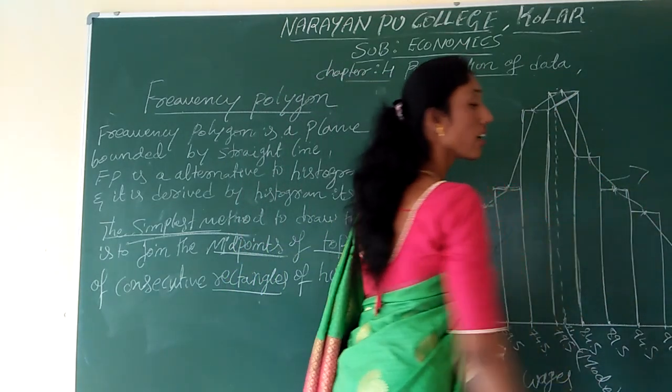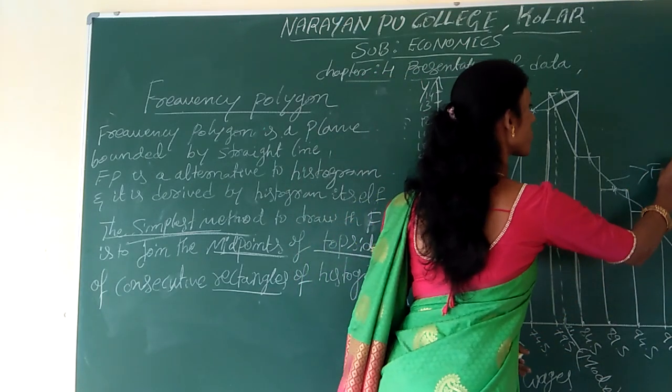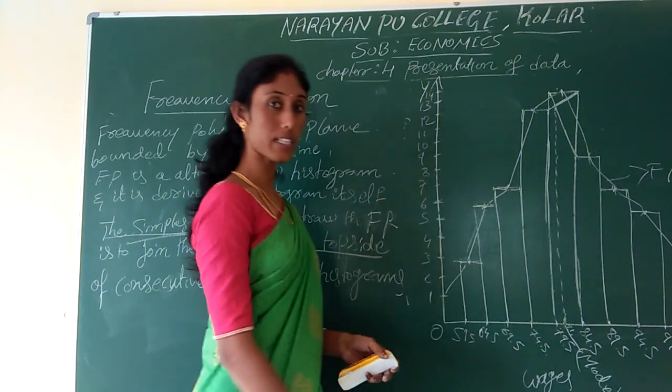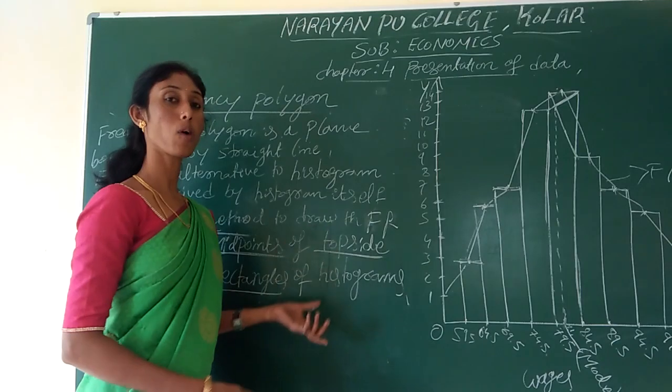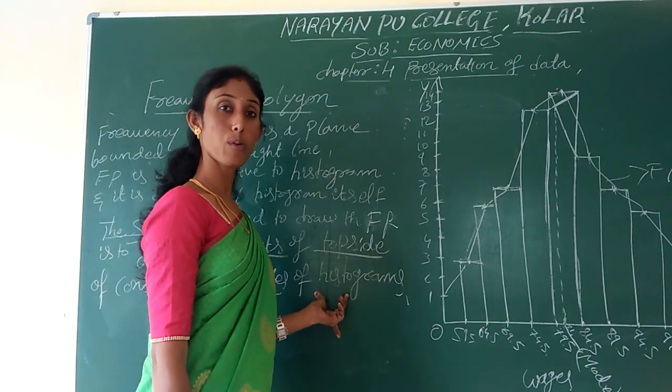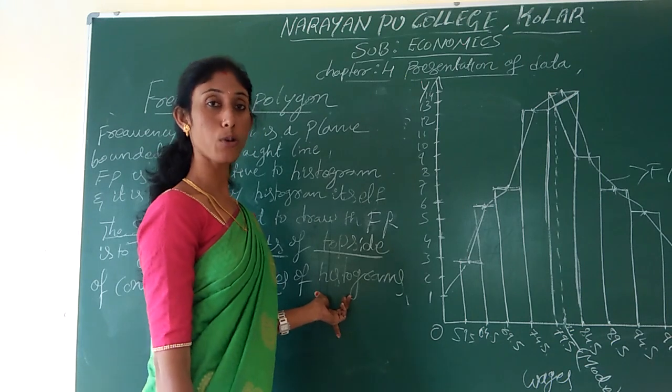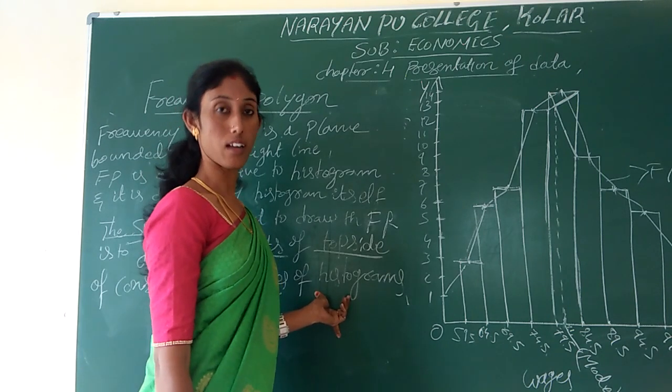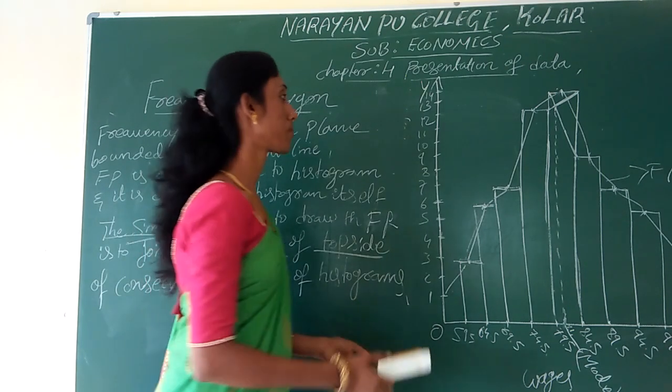Then we will get a frequency polygon. Got it? This is the frequency polygon. Now, with an example question, by using the histogram method, how to draw a frequency polygon? Now you understood. Okay?